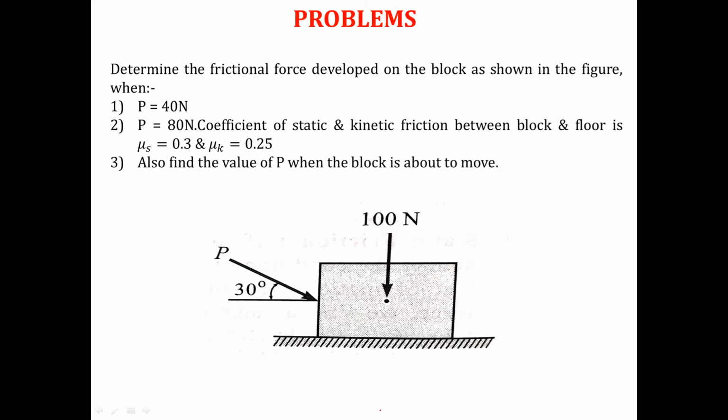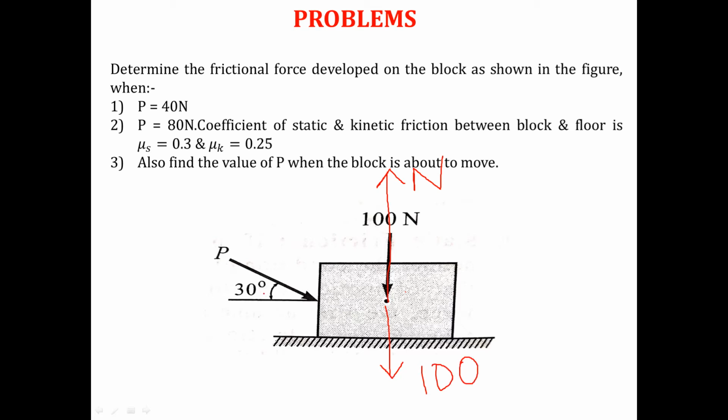Weight is acting vertically downward, and this horizontal surface will give you a normal reaction on this body in the vertically upward direction. This is the weight, 100 Newton, acting vertically downward.